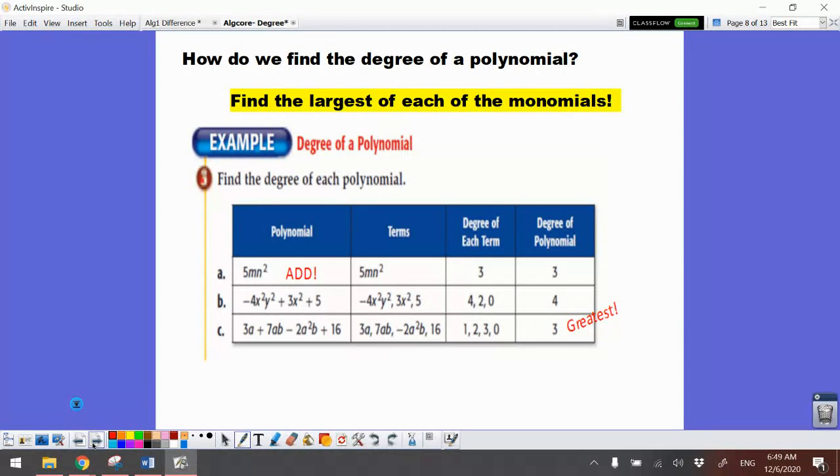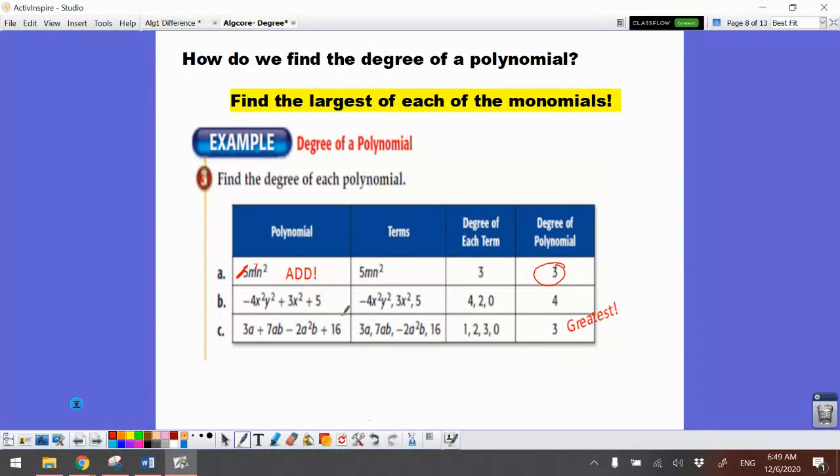Okay, now, when we are looking at the degree of a polynomial, which means more than one, we actually have to look at each individual term. Each individual term. So if I had the monomial, I know I'm going to cross out the coefficient and I'm going to add 1 plus 2 is going to give me 3.